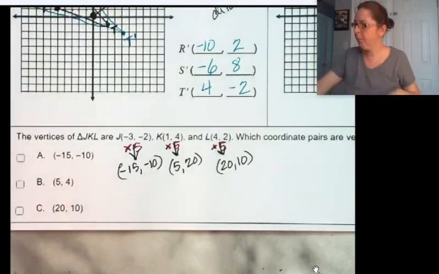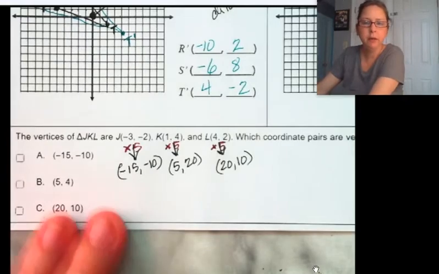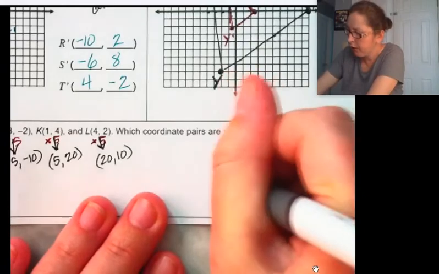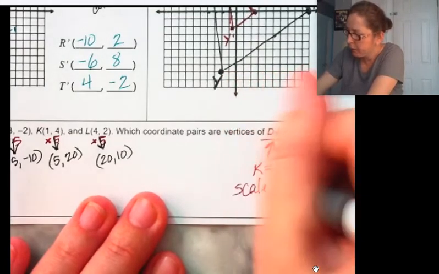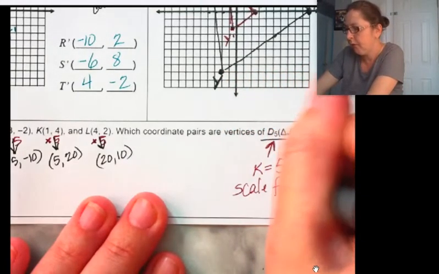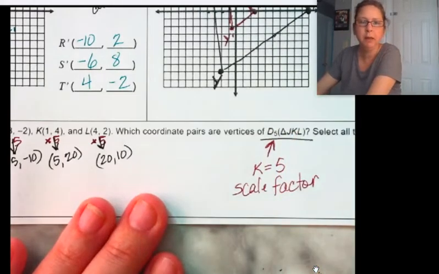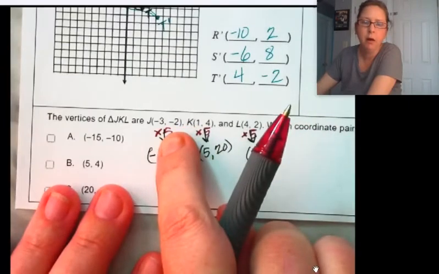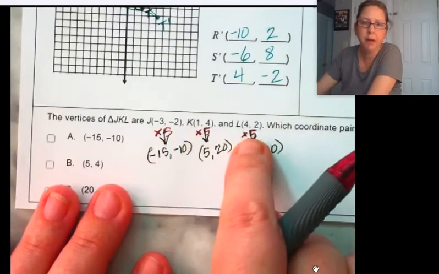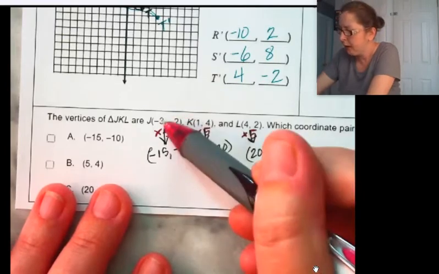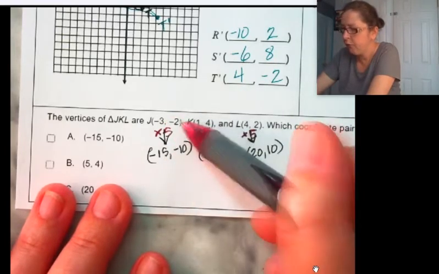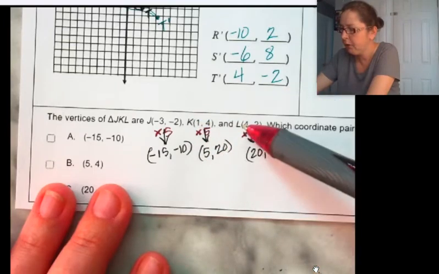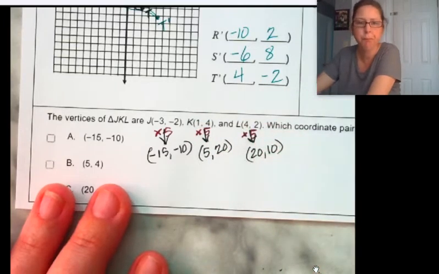All right, guys, so welcome back. I pointed out here, out to the side, that my scale factor, K, is 5. So again, what that means is that I need to multiply all the parts of all the ordered pairs by the number 5. So -3 times 5, -2 times 5, 1 times 5, 4 times 5, 4 times 5, 2 times 5.